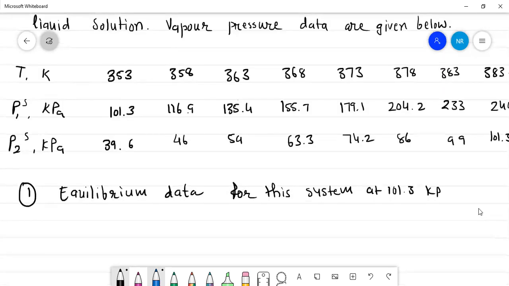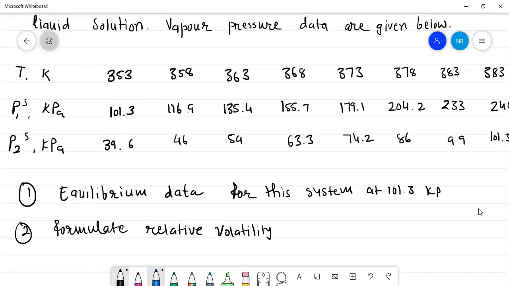The important thing here is to formulate the relative volatility. Alpha we can get using P1 saturation divided by P2 saturation.